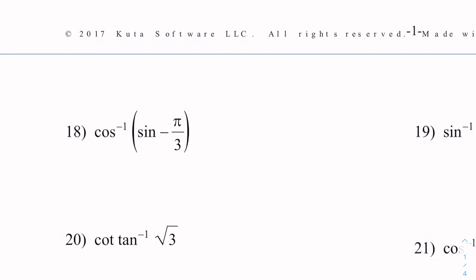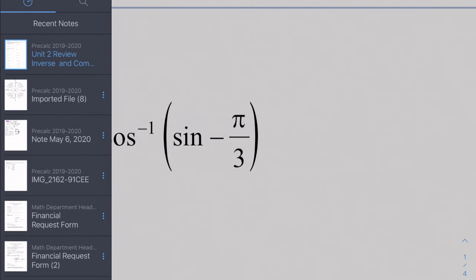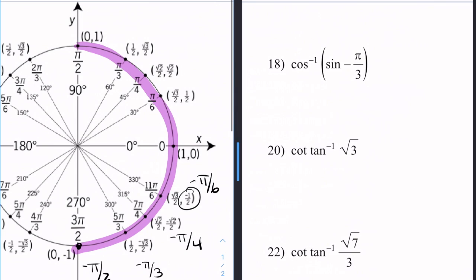All we're doing is finding the relative angle, I think is the terminology that the book uses, of where these are located. So inverse cosine of sine of negative pi over 3. So if I pull up this unit circle again, we go to negative pi over 3. So we start at 0, we go back. The sine is negative root 3 over 2.